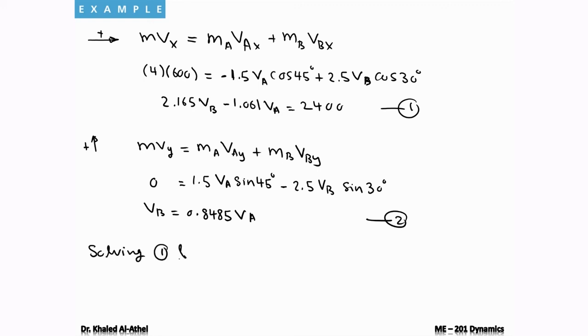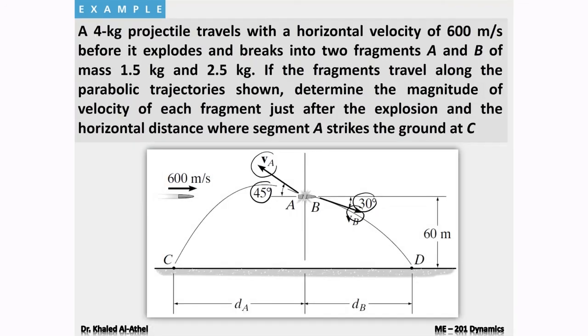Solving 1 and 2 simultaneously will give me that VA should equal 3090.96 meters per second, and VB should equal 2622.77 meters per second. So I found the final velocity that we're asked to find.